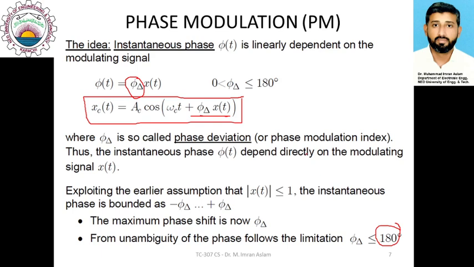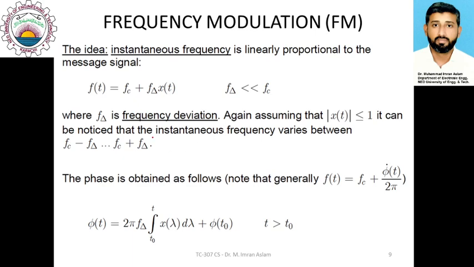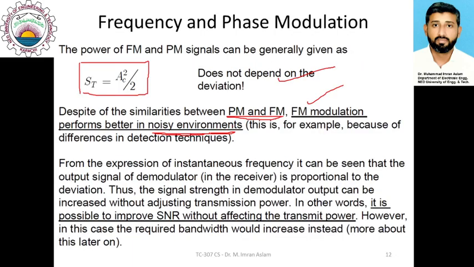So phi delta cannot be larger than this value, but for frequency deviation, F delta can be as large as needed. So this flexibility in choosing the value of delta provides the designer the ability to set the value in order to have a better performance in the noisy environment.